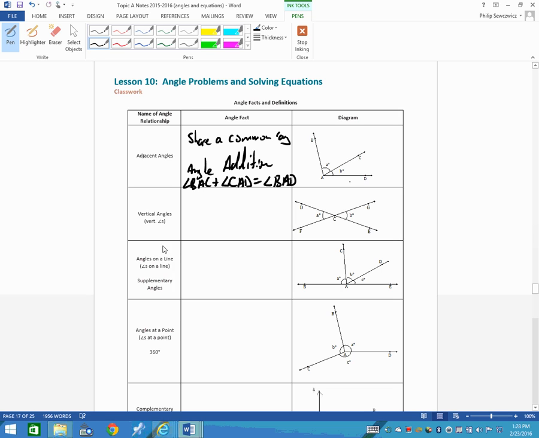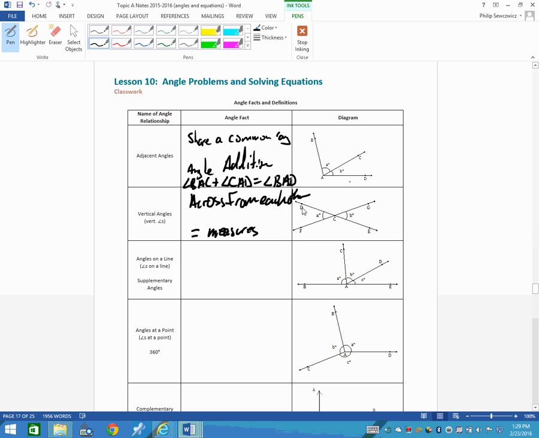Vertical angles, another good vocabulary word. Vertical angles are always across from each other. The reason they are important is because they always have equal measures. So for example here, angle A is the exact same as angle B. Now I shouldn't say angle A here.